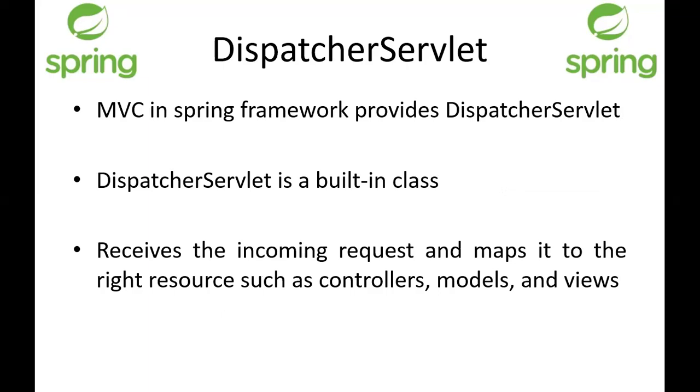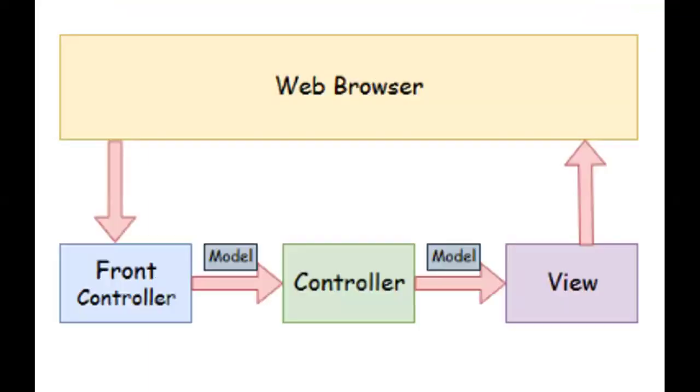That means it may be the business logic, or the presentation layer, or the view, or the controller, whatever it may be, it will map. So the deciding authority is nothing but the front controller, which is nothing but the dispatcher servlet. The entire MVC has been designed based on this dispatcher servlet because it only passes the correct request to the correct target. So that is very important.